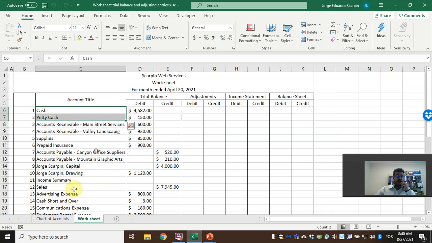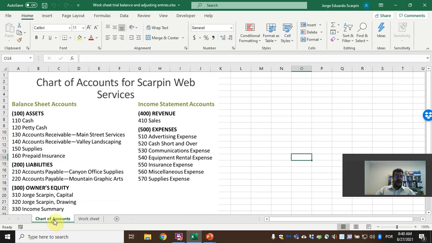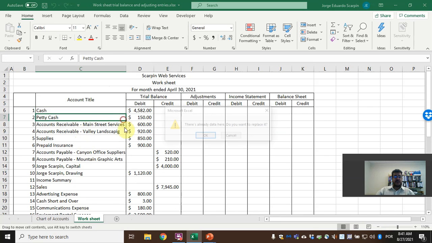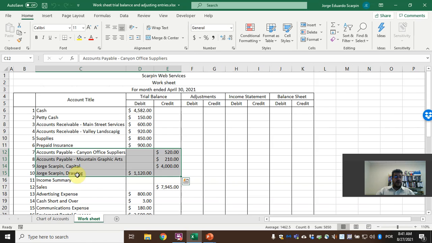What we only need is our worksheet and chart of accounts. So cash, petty cash, accounts receivable, supplies, prepaid insurance. And then we go through our liabilities, accounts payable, owner's equity, capital and drawing, and so on.